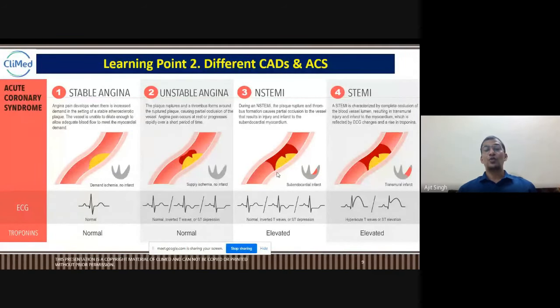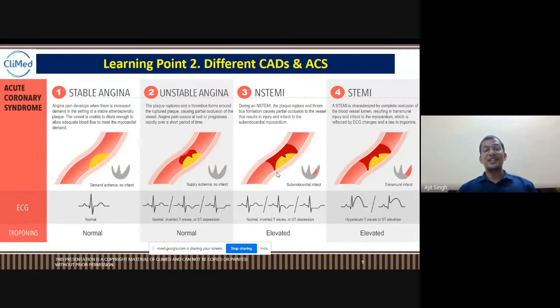Okay. So how to differentiate stable angina? What is stable angina? Stable angina is like there is a small block, or what we say, a small atherosclerotic plaque in your coronary artery.